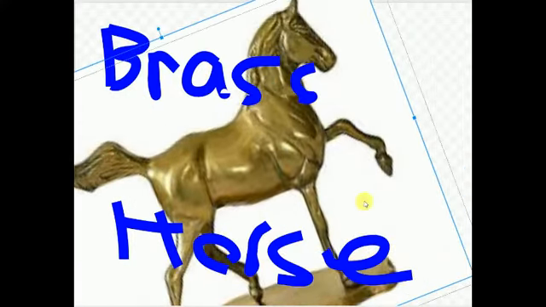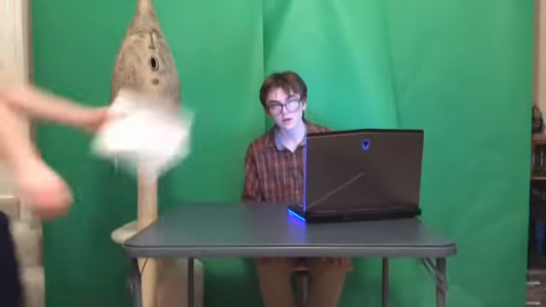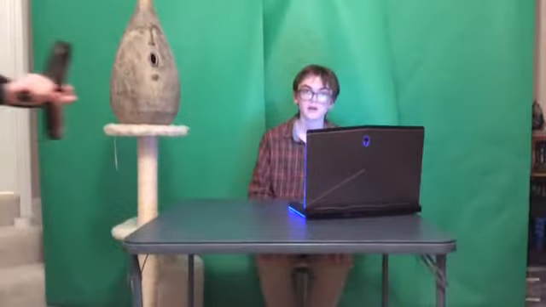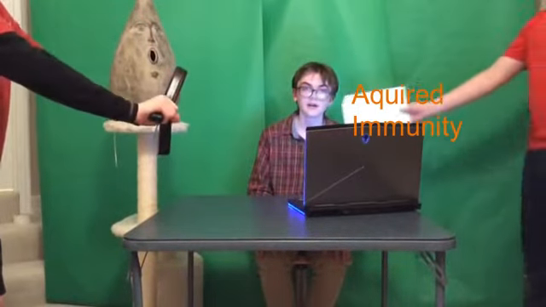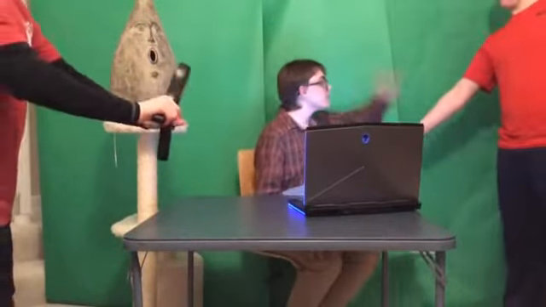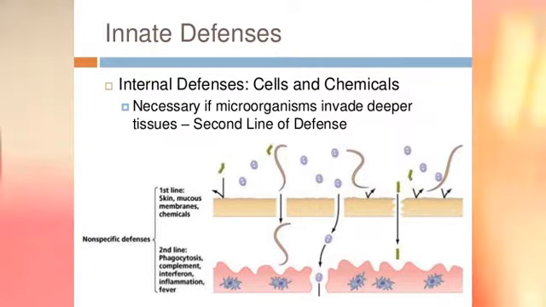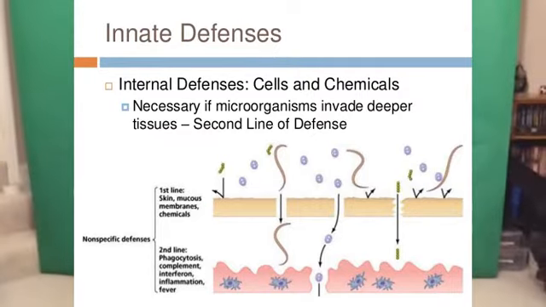Now, the immune system can be divided into two groups: innate immunity and acquired immunity. Innate immunity is the rapid, non-specific response to pathogens.